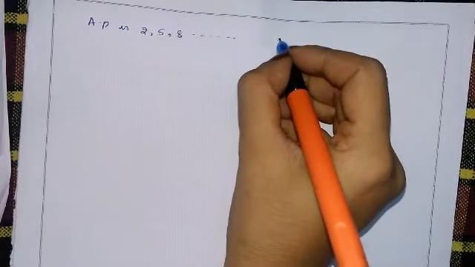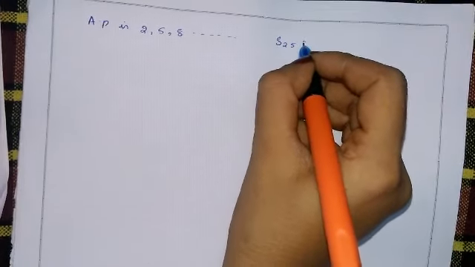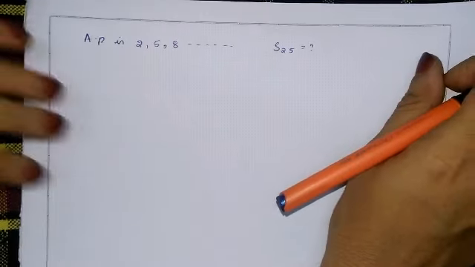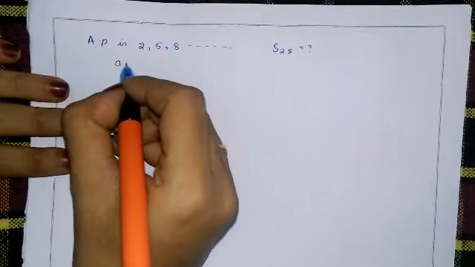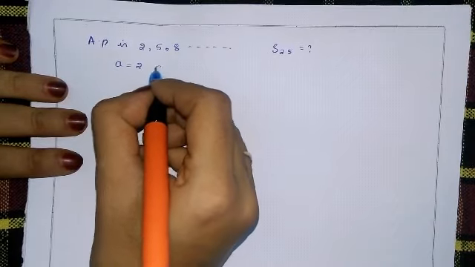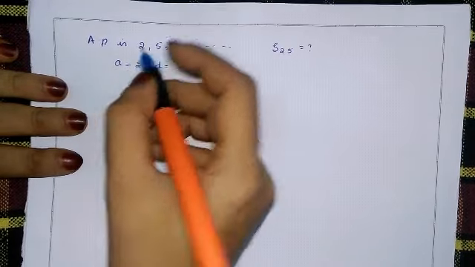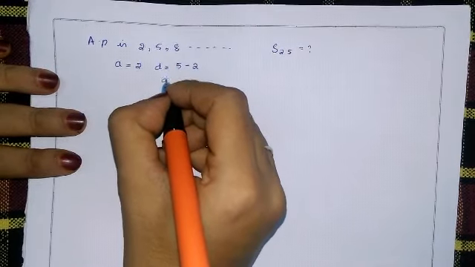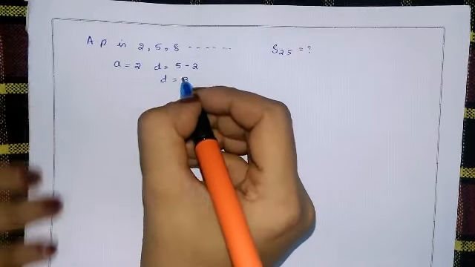So how will we find it? A is equal to 2. D is equal to the second term minus the first term, 5 minus 2. D is equal to 3.